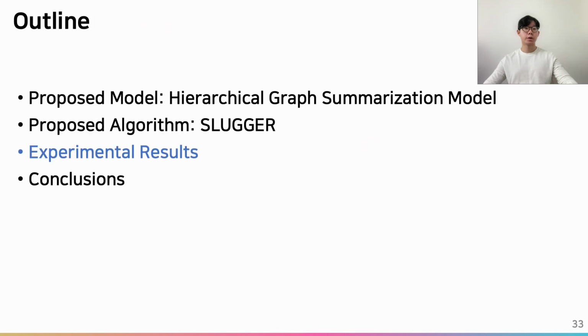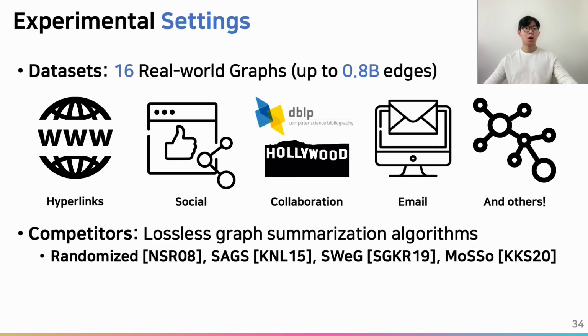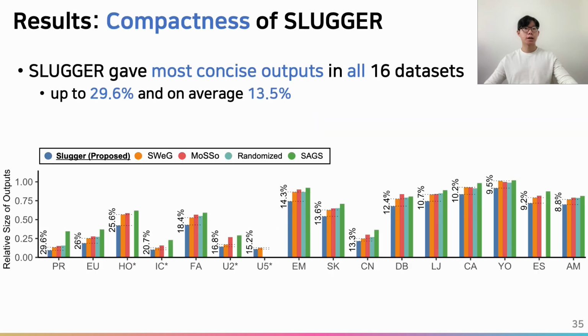Let me share our experimental results. We performed experiments on 16 real-world graphs with up to 0.8 billion edges. The datasets used include hyperlinks, social networks, collaboration networks, and email networks. We compare SLUGGER with 4 algorithms for lossless graph summarization: randomized, SAGS, SWAG, and MOSO. We compared the size of the output representations obtained by SLUGGER and its competitors.